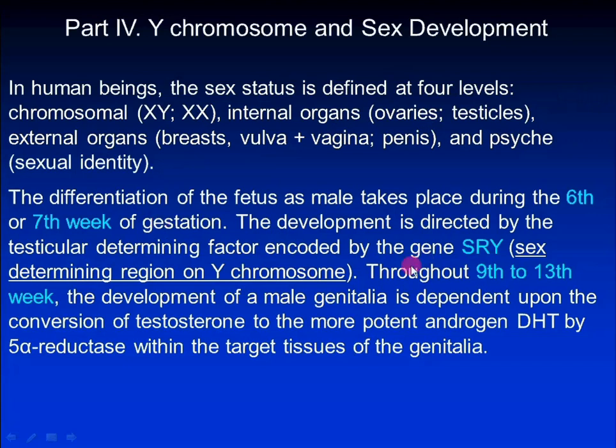Throughout the 9th to 13th week, development of male genitalia depends on the conversion of testosterone to DHT by 5-alpha reductase within the target tissues of genitalia, as I have shown you before.